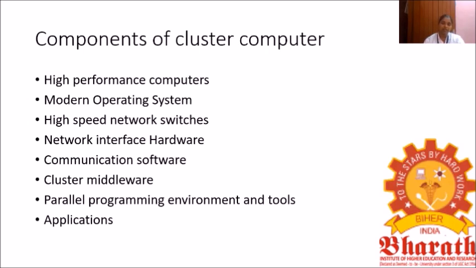And next, we are seeing the component cluster middleware. It basically aims to provide SSI and SAI services to the user, and this includes hardware like DSM, memory channel, etc. And for the operating system kernels, it is also called the gluing layer.